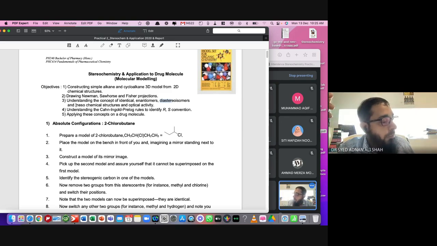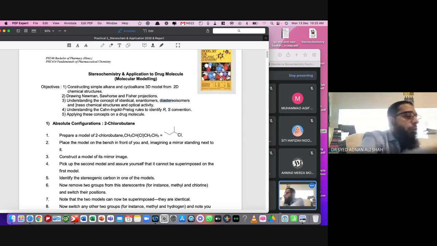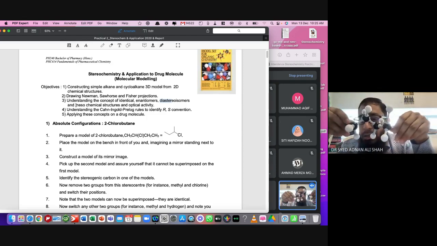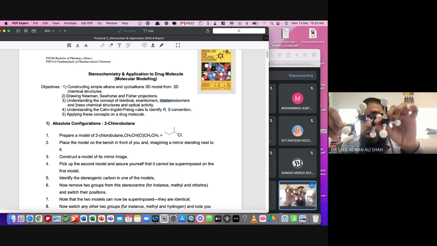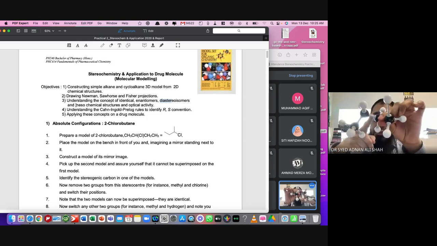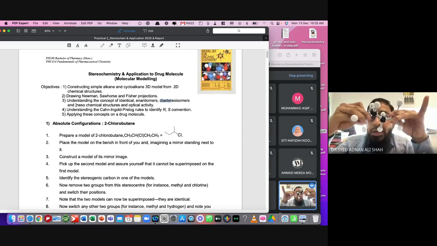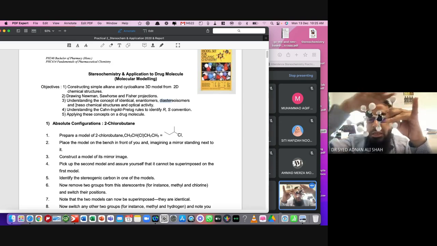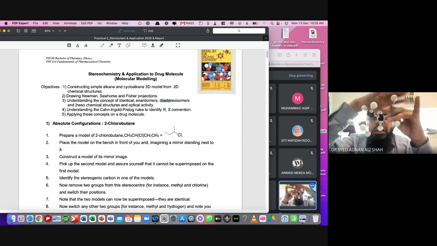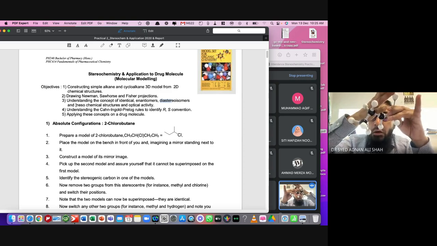The compound which has the plane of symmetry. For example, you can see n-butane. If you put a mirror in between this one, both parts are identical. They are identical, meaning they are similar, when they have the plane of symmetry.